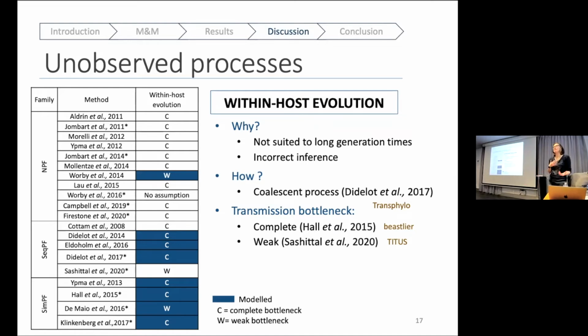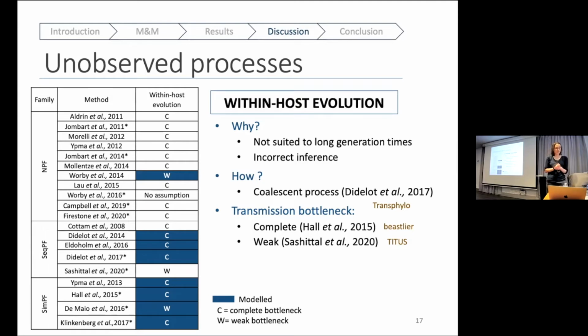In addition, some methods, while allowing within host evolution, only allowed a single pathogen lineage to be present in any host at a given time. Methods that actually modeled the within host evolution used a coalescent process, such as used in Duault's Philo.